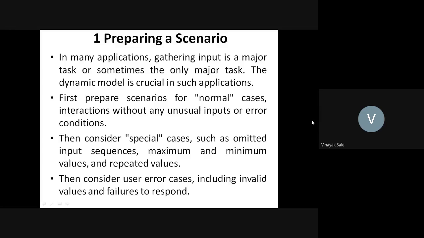So in many applications, gathering input is a major task or sometimes the only major task. The dynamic model is crucial in such applications. First, prepare scenarios for normal cases, interaction without any unusual inputs or errors.